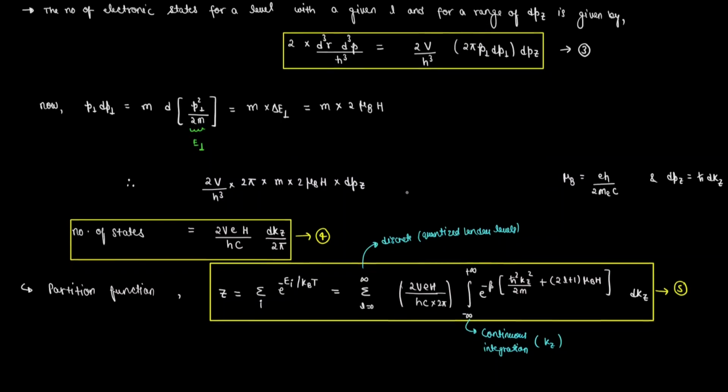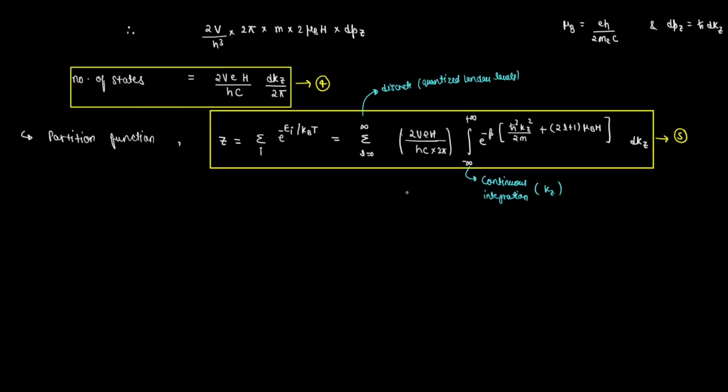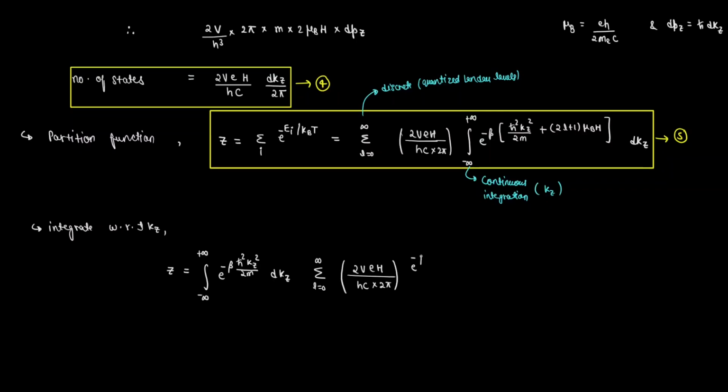We can solve this partition function by integrating first with respect to k_z. Now this first integration is nothing but the Gaussian integration with this term as alpha, so that its value will be equal to the square root of π by alpha.